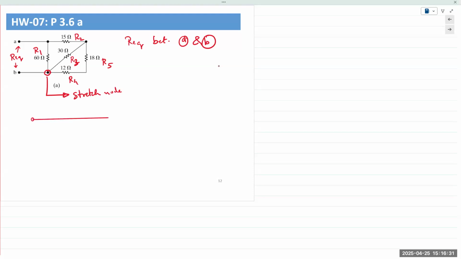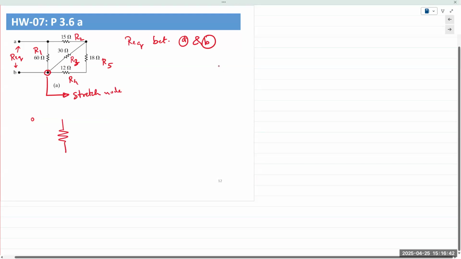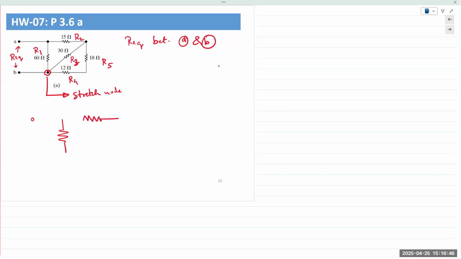We have R1. Then we have the 15 ohm resistor, so that's there.